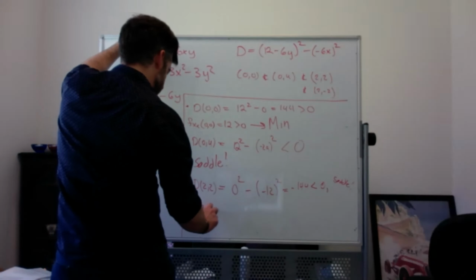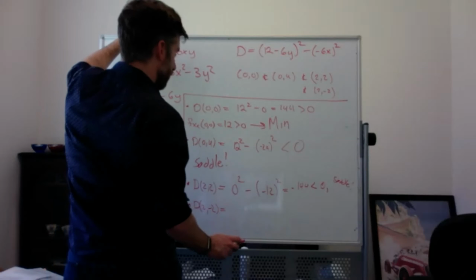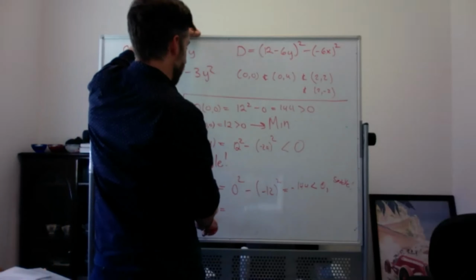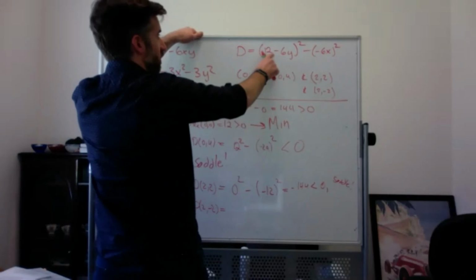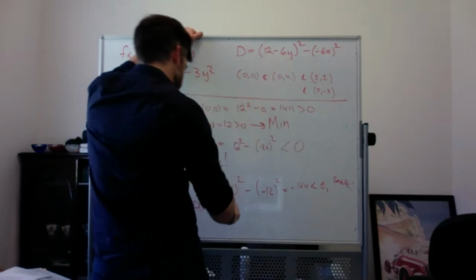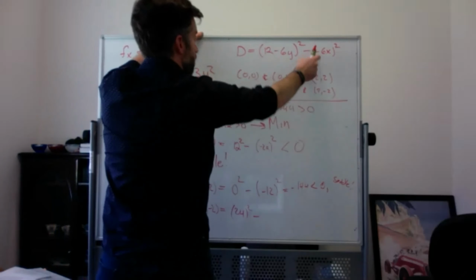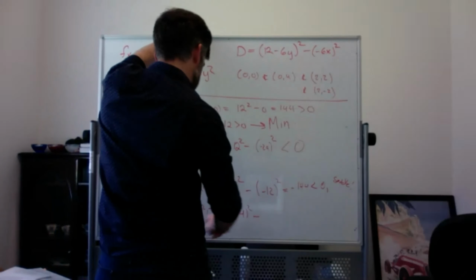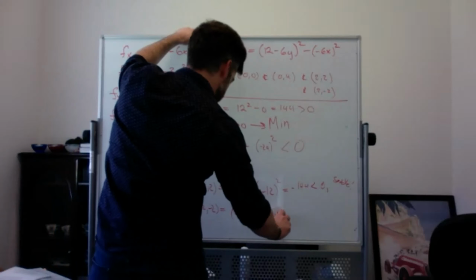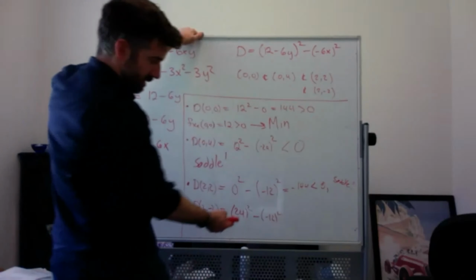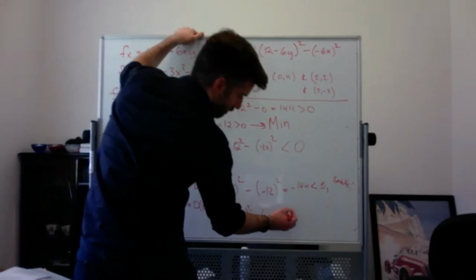D of (2, negative 2) is, if I plug in 2 for x and negative 2 for y, I get 12 minus negative 12, so I get 24 squared minus negative 6 times positive 2, which is negative 12 squared. This one is positive, right? Because this is definitely bigger than that.